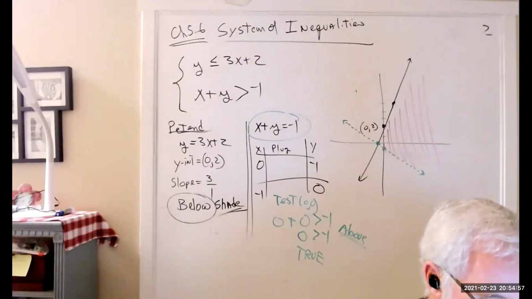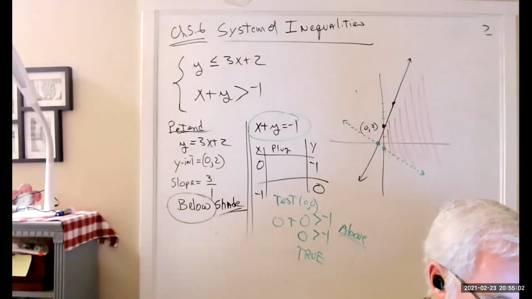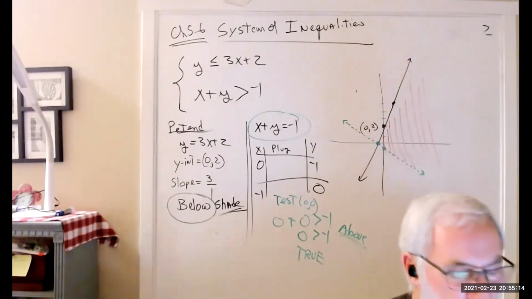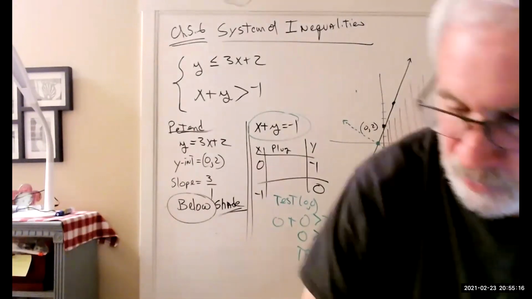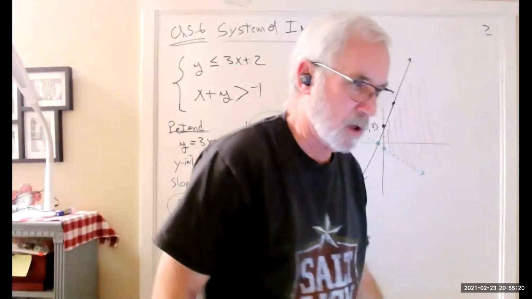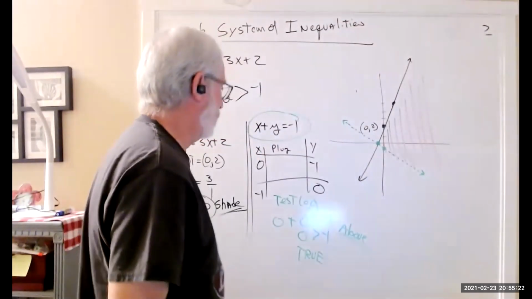Thank you. Good night. Somebody asked a question and I kind of want to know the answer before I leave. It says, false is below and true is above for the shading. Is that true? On this particular problem, yeah. False is just, that changes on every single problem, depending on the sign.